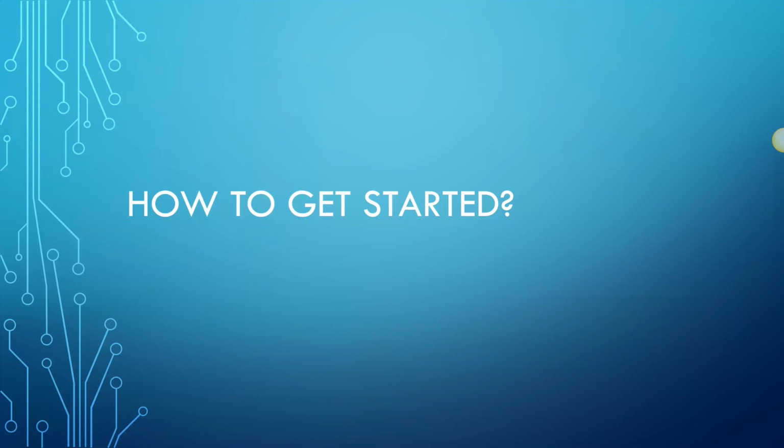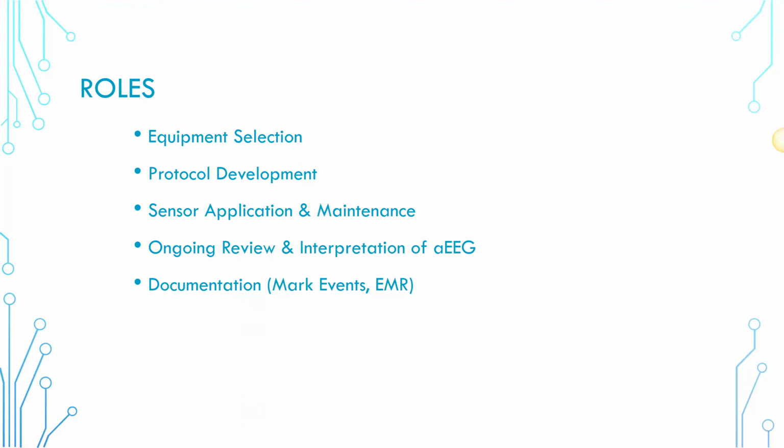So I want to start first with how to get started and really thinking about the multiple roles and decision-making points that need to happen as you bring your aEEG into the unit, or really any brain monitoring or new technology.